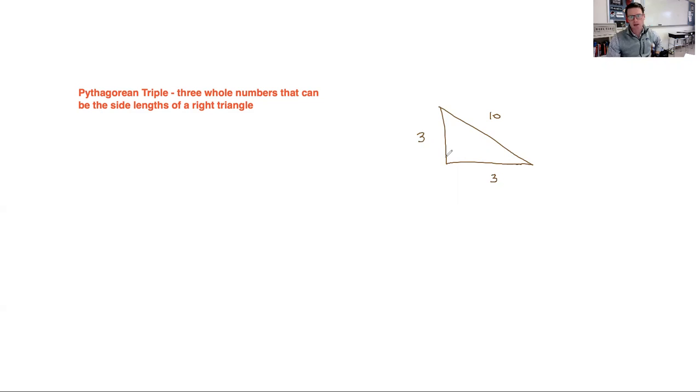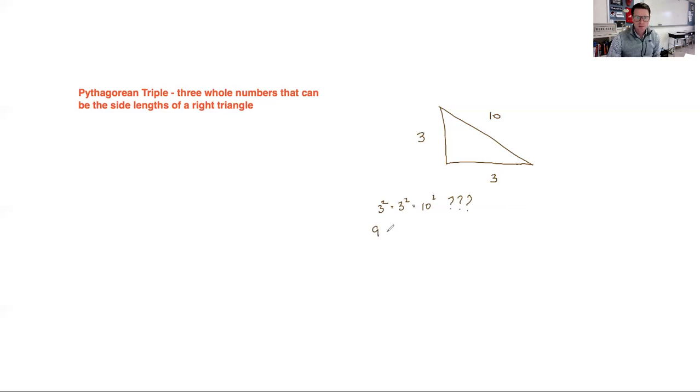So let's test that. Does 3 squared plus 3 squared equal 10 squared? Because if it's a right triangle, it should. That's the Pythagorean theorem: leg squared plus leg squared equals hypotenuse squared.